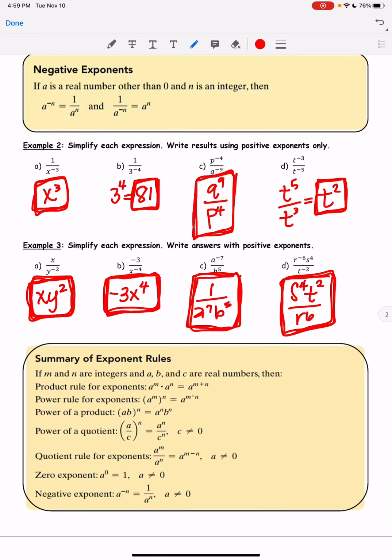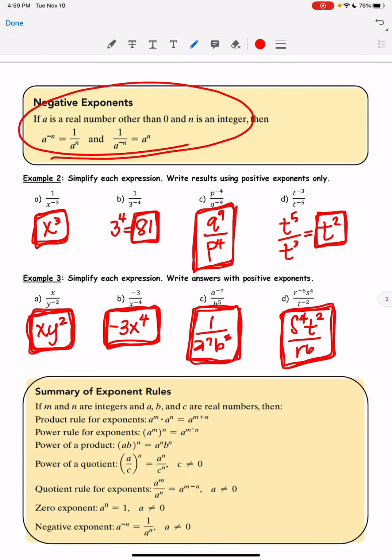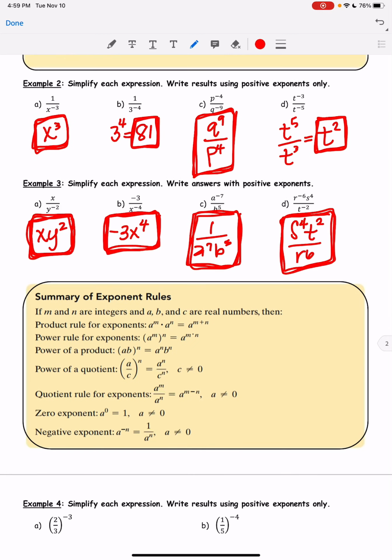So now that we have gone over our negative exponents and we know how to change them positive, we're going to add that onto every rule that was in that first lesson. So we've got the product rule. When the bases are the same and we're multiplying, we add the exponents. A power to a power, we multiply.